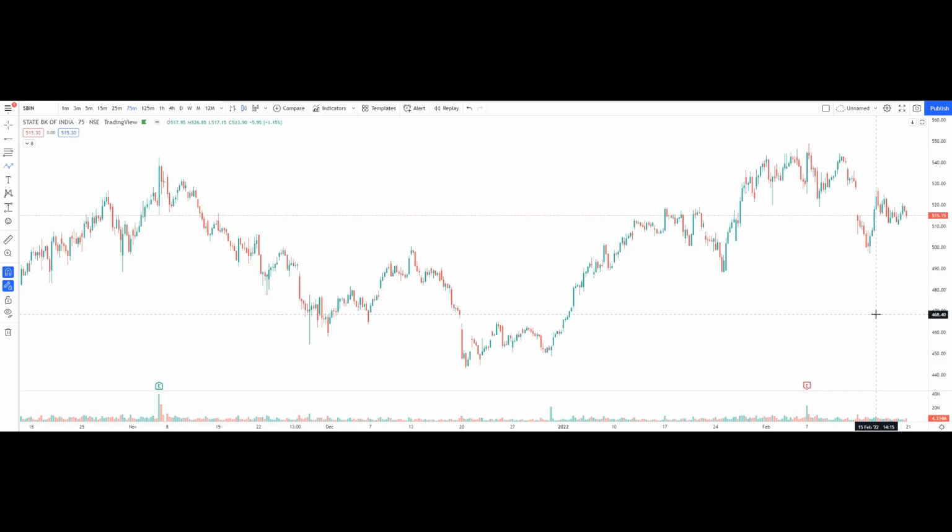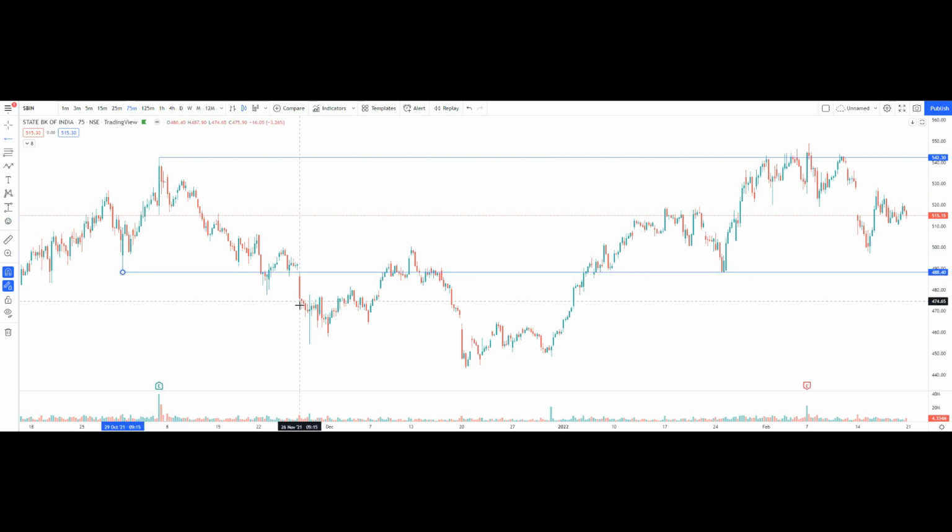There are many important things which one must understand before actually understanding support and resistance. I will try to cover as much as possible in this session. So here we can see a swing high is a resistance. This is a swing high, swing low. There is a major swing high, minor swing high. Similarly, there are major swing lows and minor swing lows.